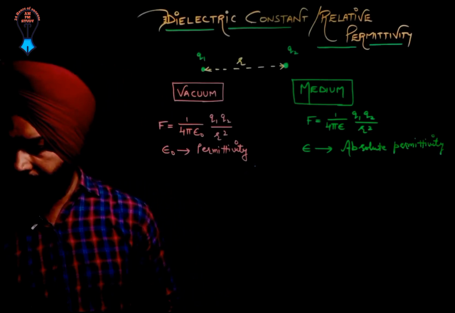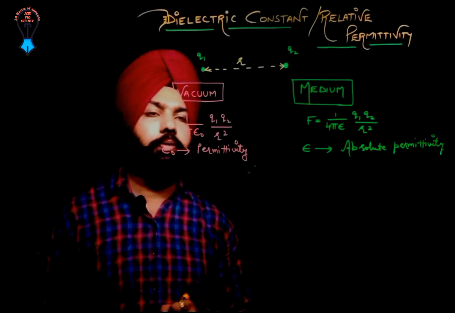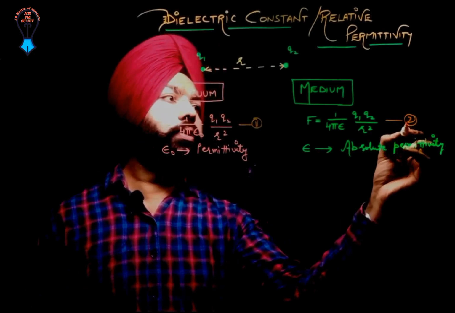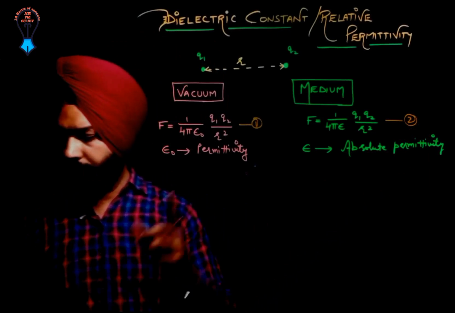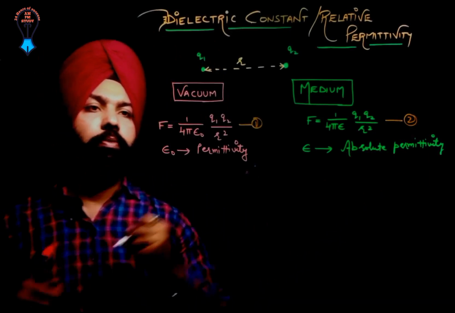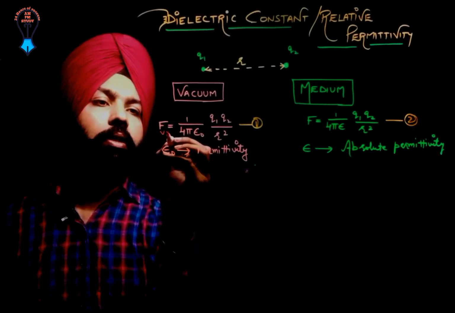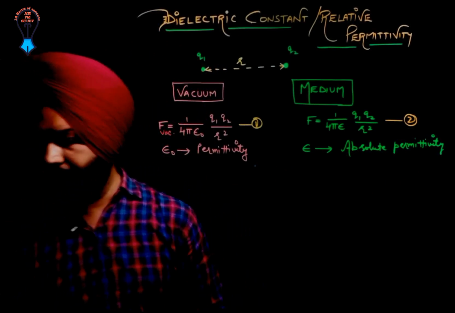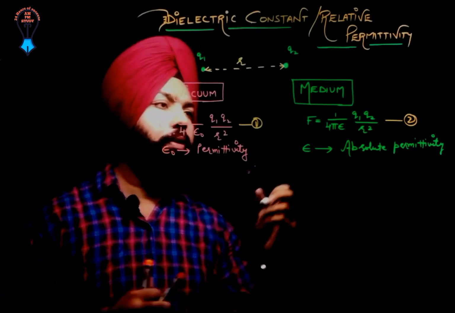When we divide these two equations, suppose this is first equation, this is second equation. Suppose this is F vacuum, and this is F medium.